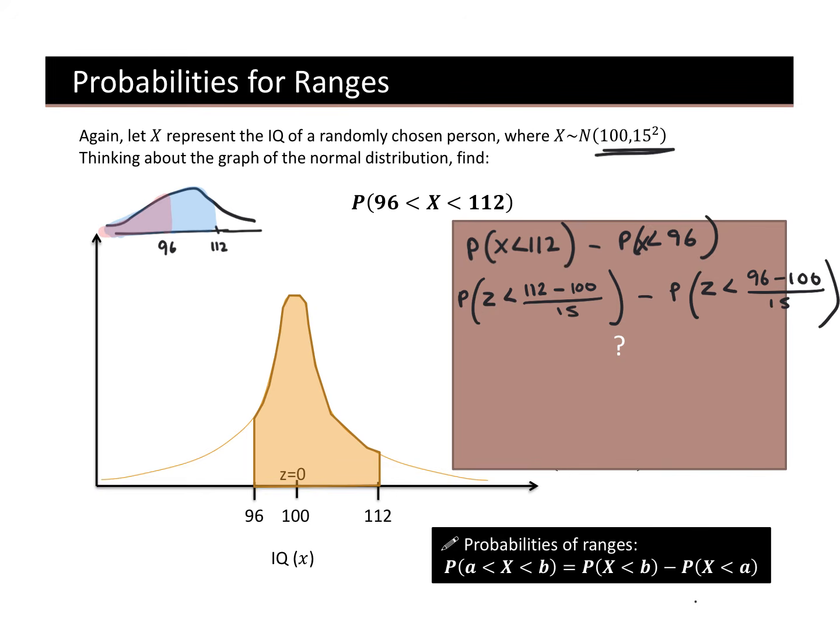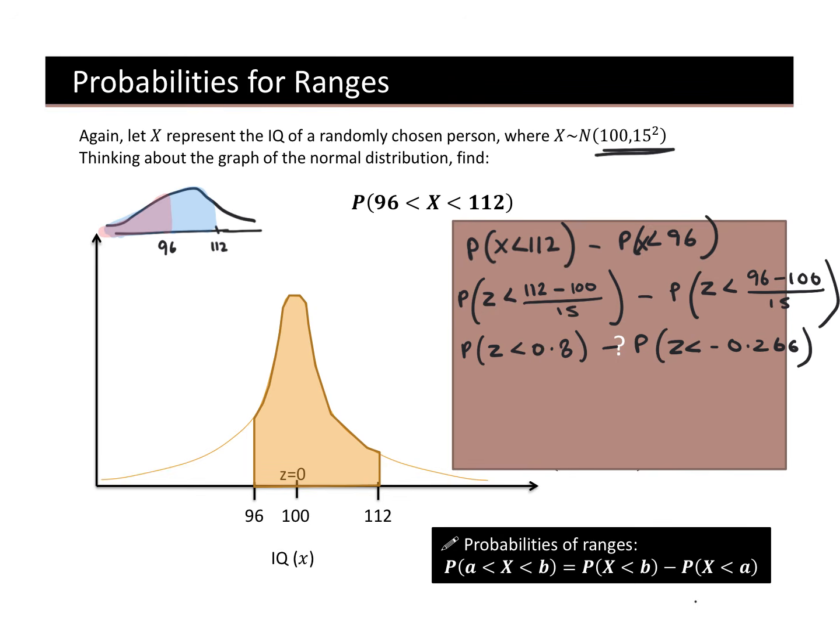So what I'm actually going to have is the probability of z being less than 0.8 minus the probability of z being less than negative 0.266. Okay. Now, here's an issue, isn't it? Yeah? What issue do we have?